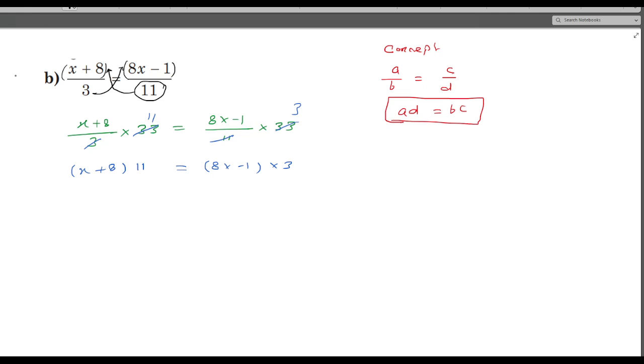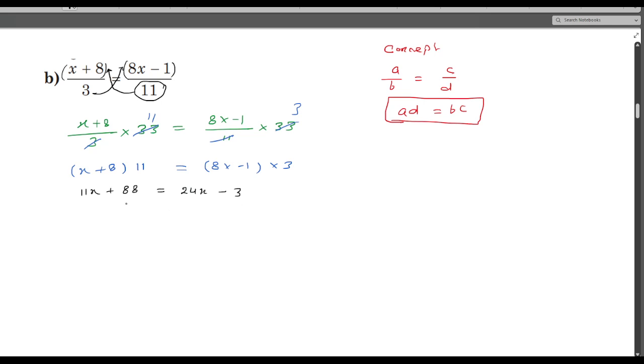Okay, so if you are doing it directly, then it saves your some time. Now you use the distribution property, open the bracket. So here x plus 8 multiplied by 11 will give you 11x plus 11 times 8 is 88. On the right hand side, 8x multiplied by 3 is 24x minus 3.